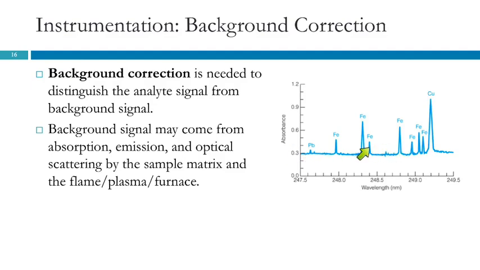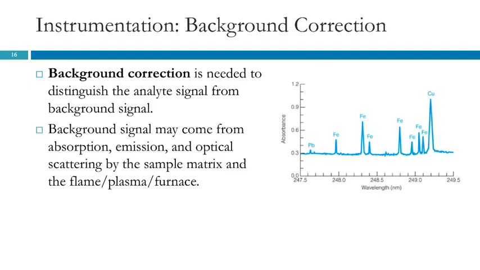But all of this is riding on top of a background signal that's about 0.3 absorbance units. When you get up around nine or so absorbance units, things get kind of wonky because you're absorbing too much of the light, and so you're not going to get a good linear signal anymore.